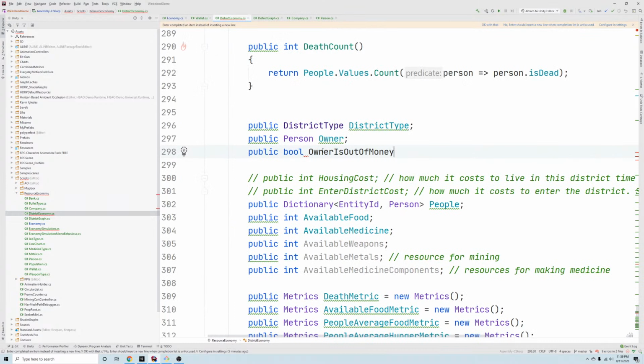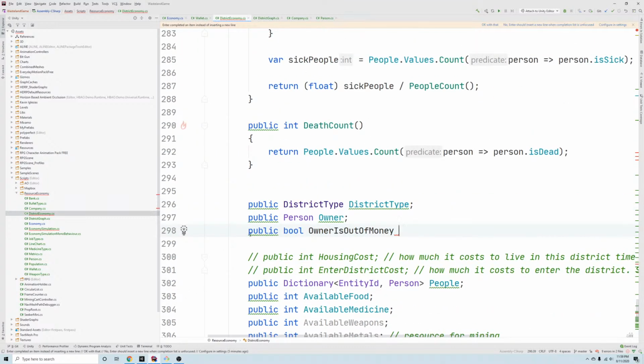And if the company or the owner cannot pay the employees, they're out of money, then I guess those people are now out of work and that sector for the resource has shut down. So for now, I'm just going to store this in a Boolean, but this definitely has to get integrated to some larger system.